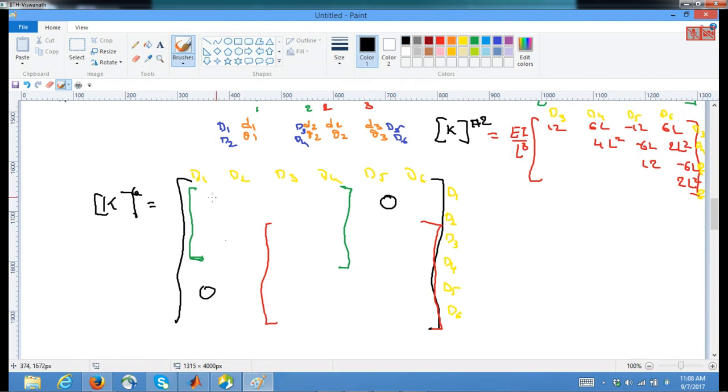We showed that after assembly the final form looked something like this. Final form was 12, 6L, minus 12, 6L, sorry, it is plus 6L, and 4L square, minus 6L, this is 2L square.